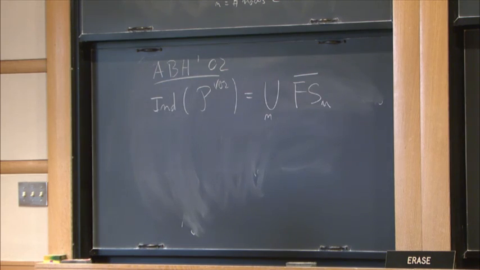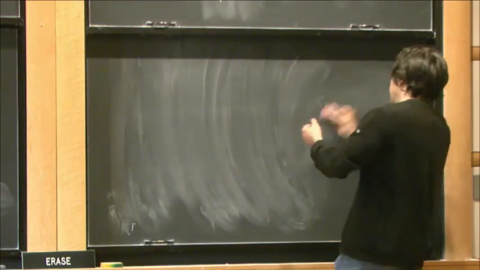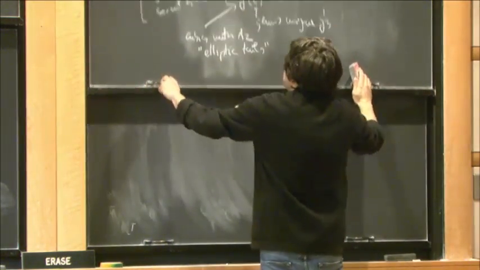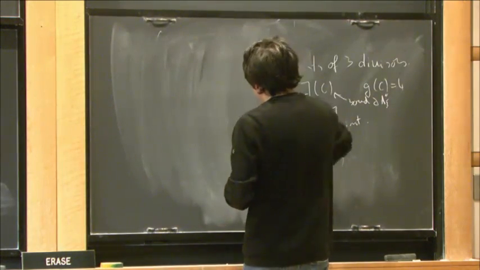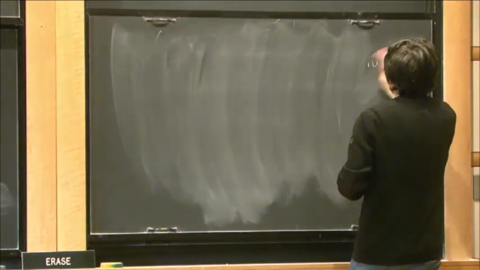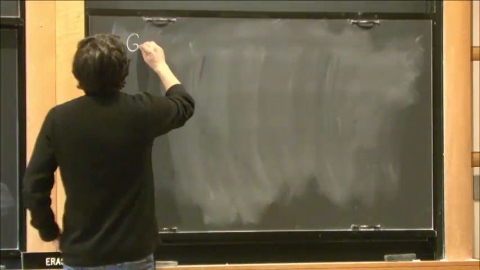Okay, so let's see what's going on and what's involved in extending toroidal compactification. Let me start with some generalities.